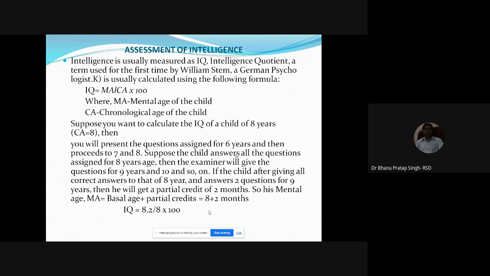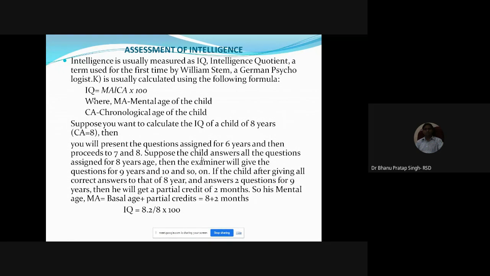If we are giving even age nine questions and further, mental age, and this is the formula. MA is basal age plus partial credits. So IQ is defined by this formula.